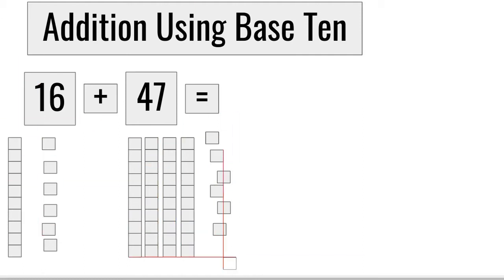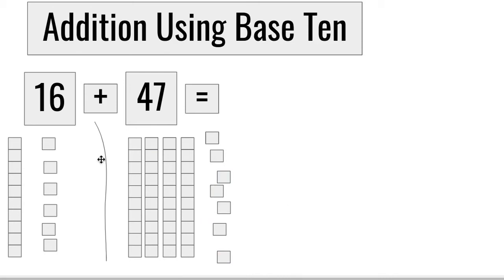Here we go. So we've got, put our line back. So 1 ten over here and 6 ones. Now over here we have 4 tens, and it's a little messy, but 7 ones.